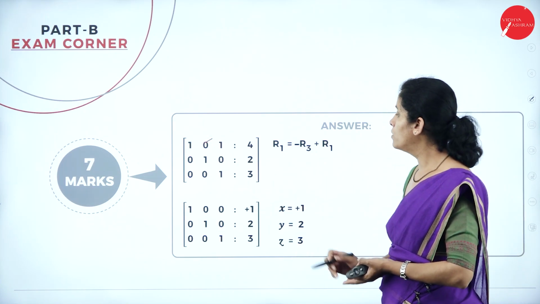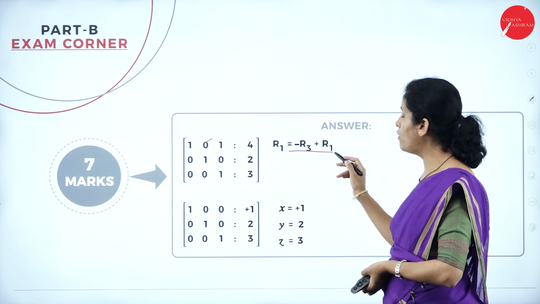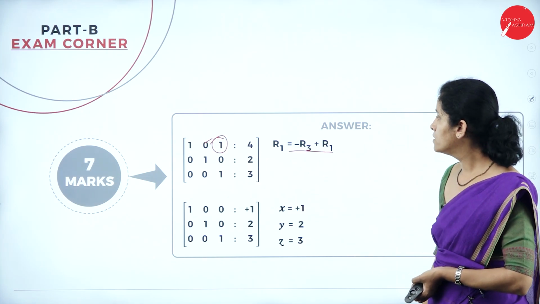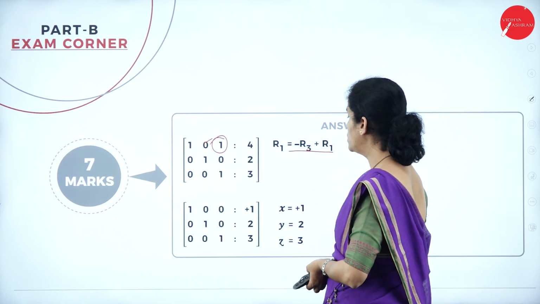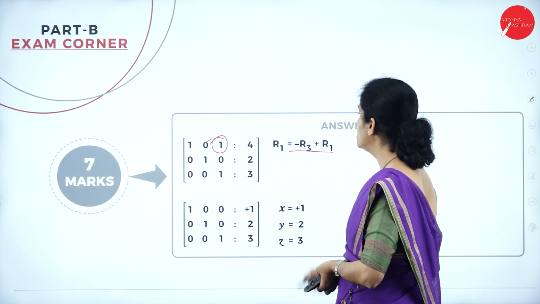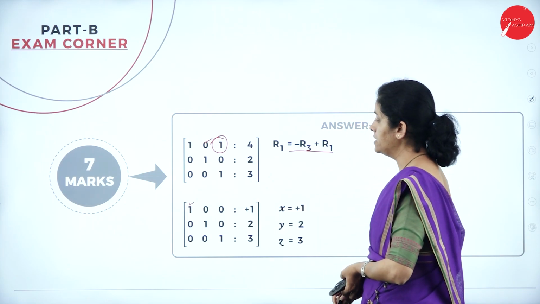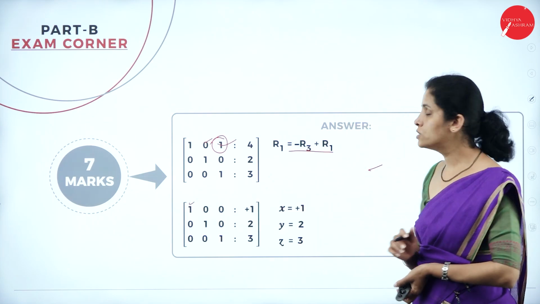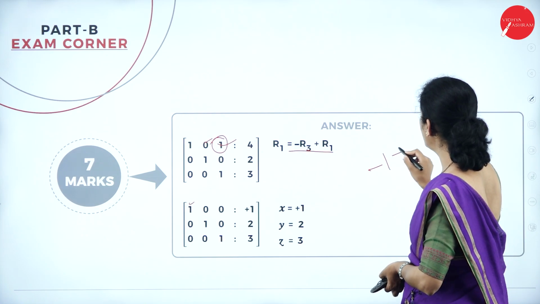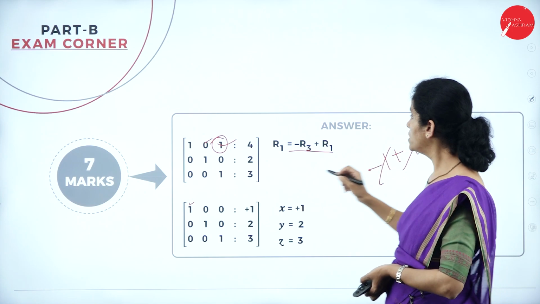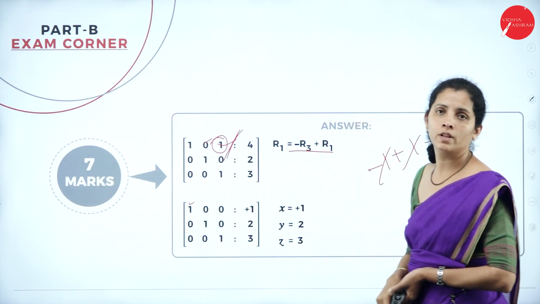See. Okay, now I'm writing the formula to make this 1 as 0. So here R1 equal to R1 plus R3. R3 is 0. 0 plus 1. So 1 I'll get as it is. Okay, fine. So dear student, minus 1 plus 1 get cancelled. So it is 0. So it is 0.